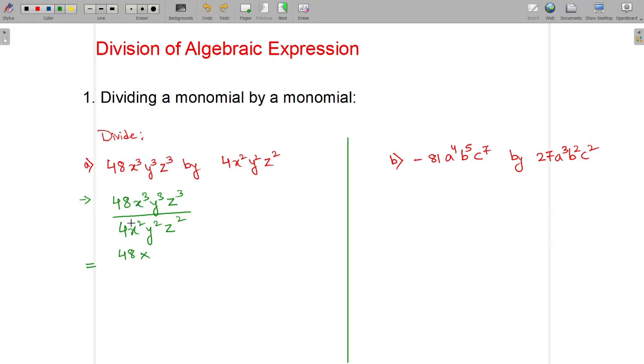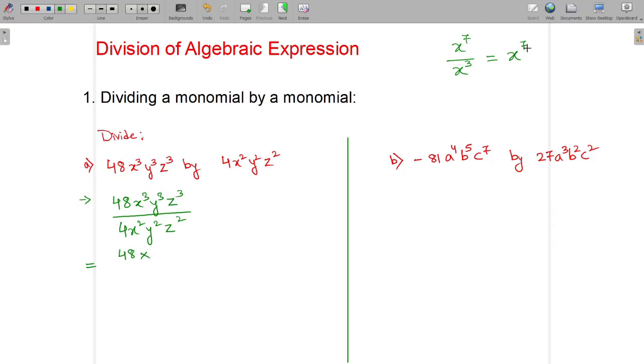So to understand the division, you have to understand this law of exponents. That is, when the same base gets divided, what happens to their power? Suppose the x in the numerator has power 7 and the x in the denominator has power 3. So when the same base gets divided, the powers get subtracted.